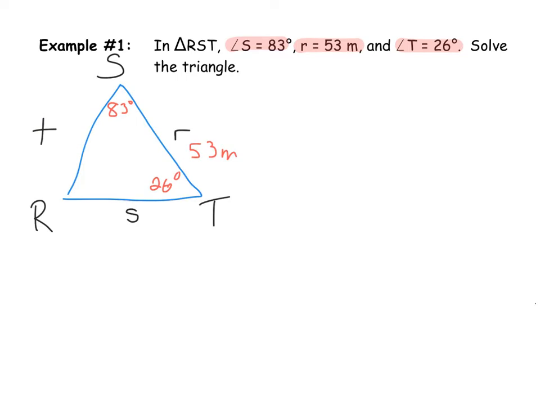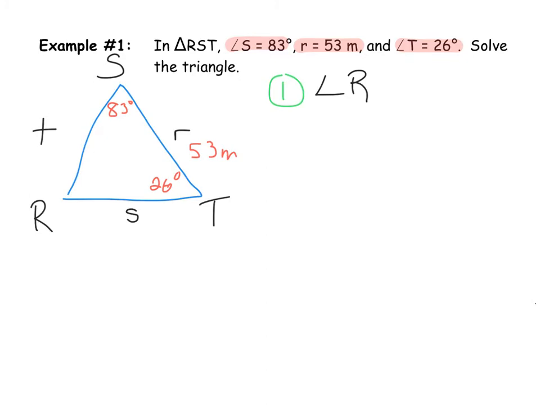I can start with whatever I want to, but in using the sine law, I know that I can solve for an unknown side here. I think what I'm going to start with is what is probably the easiest part of this, which is angle R. And I want you to think about why that is.